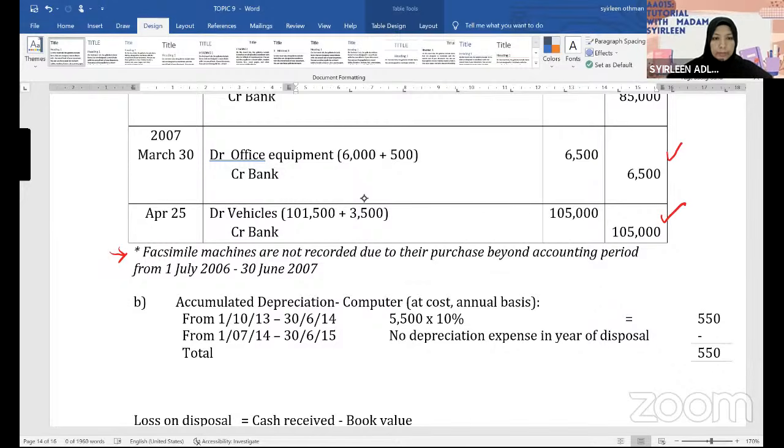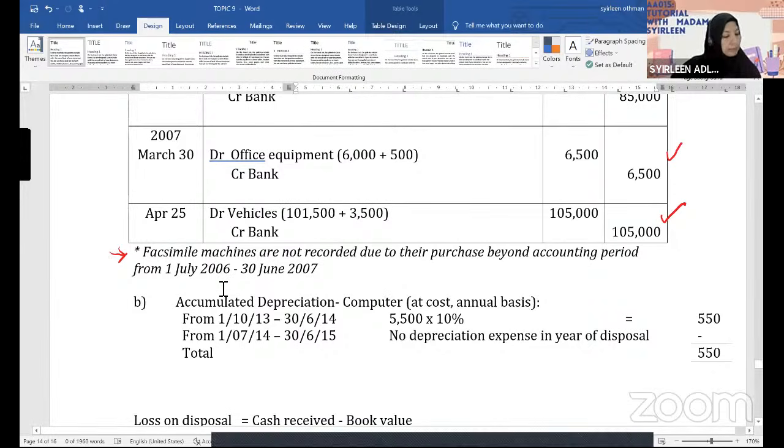So, now, asset ni saya beli pada Oktober 1, 2005. So now, my accounting period, on the year that I bought is 2005 kan? So kita tulis dulu.